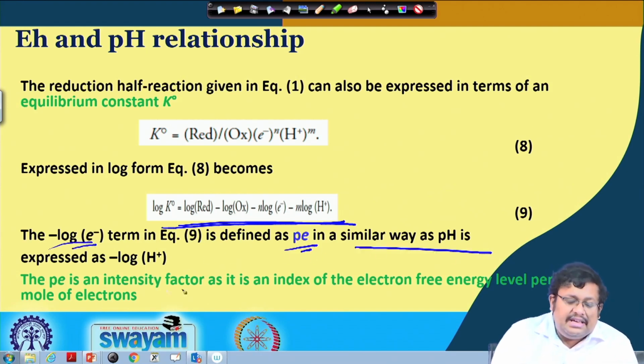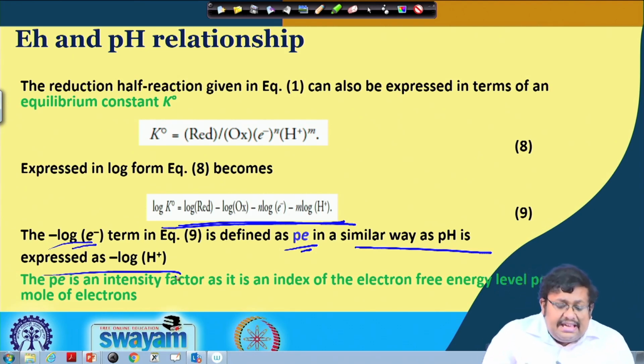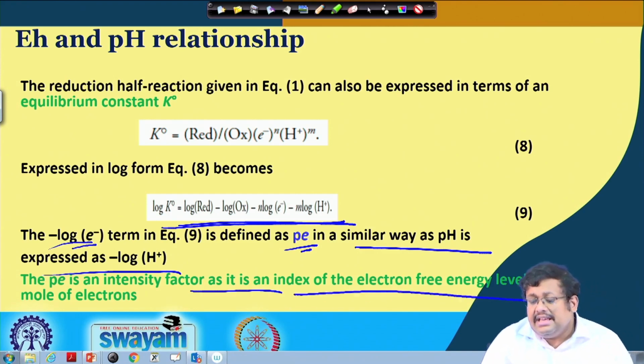In a similar way, pH is known as the negative logarithm of hydrogen ion concentration. So, PE is basically the negative logarithm of electron concentration, whereas pH is the negative logarithm of hydrogen ion concentration. PE is basically an intensity factor, and it is an index of the electron free energy level per mole of electrons.